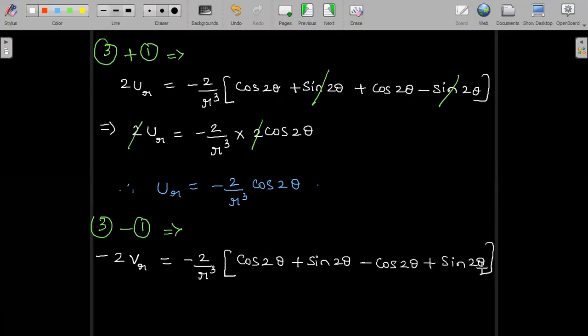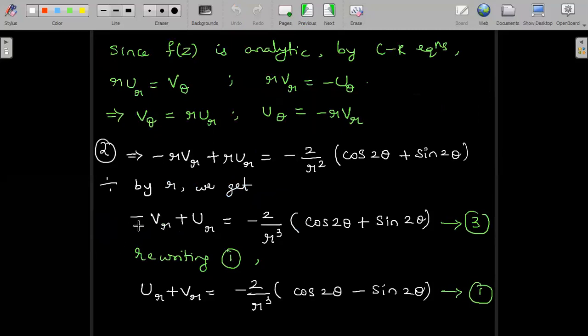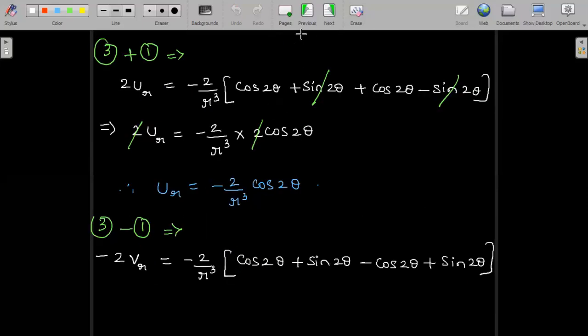Let us observe and check whether this is correct once. So we are performing actually equation 3 minus 1, correct? Equation 3 minus 1 means Ur gets cancelled. This is minus Vr minus Vr, 3 minus 1, so this becomes minus 2 Vr, what we wrote in the left hand side.